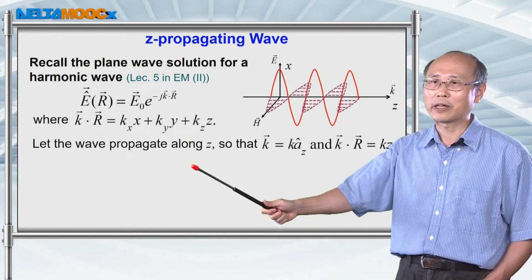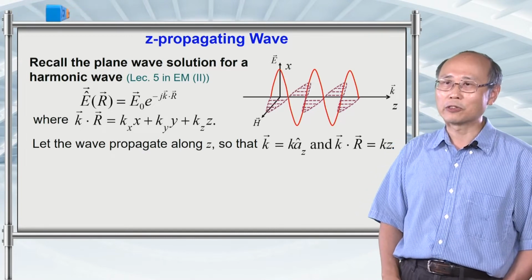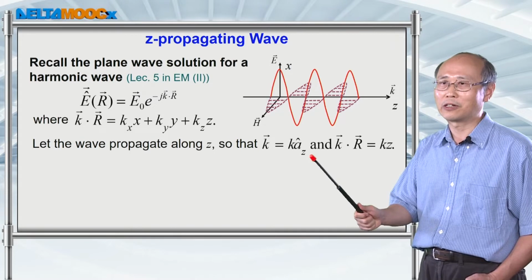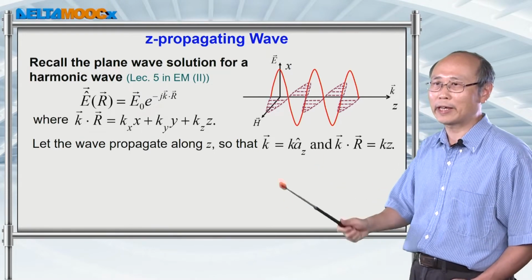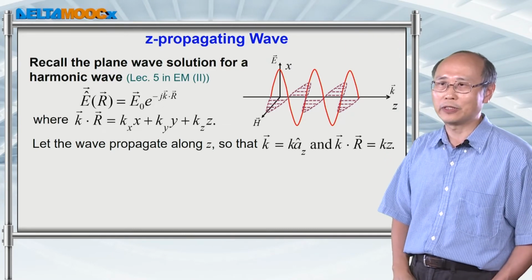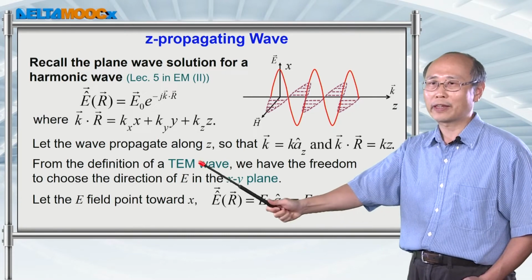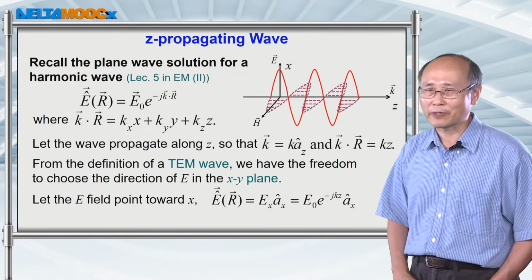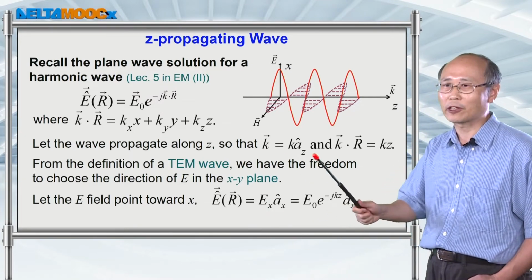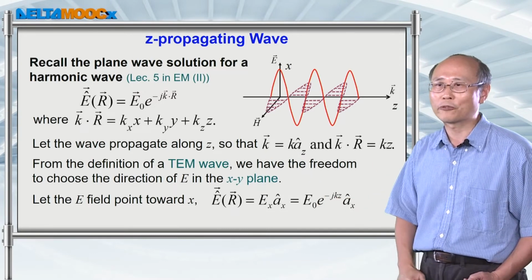And when we say that we want to see a wave propagating along z direction, we just set this k vector along z direction. So k dot r only has one term, that is k multiplying with z. With this specification, and we also know that for TEM wave, the electric field and magnetic field are going to be perpendicular to the wavefront direction, and k is along the wavefront direction.